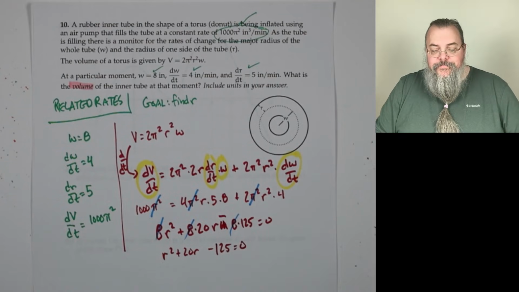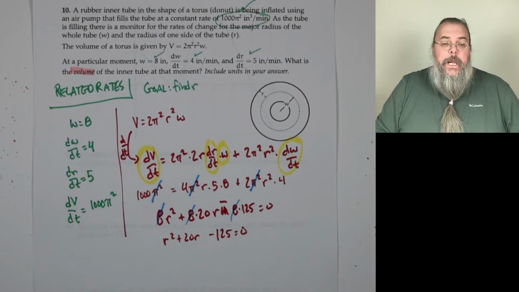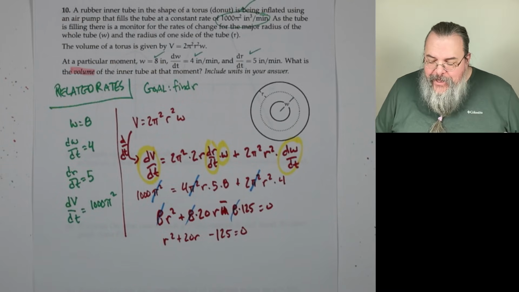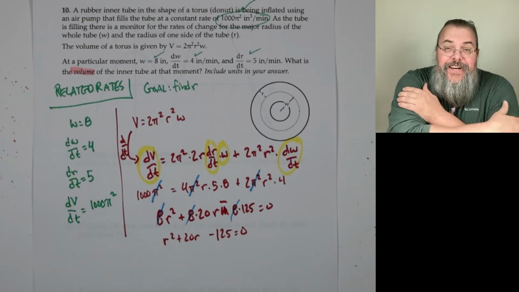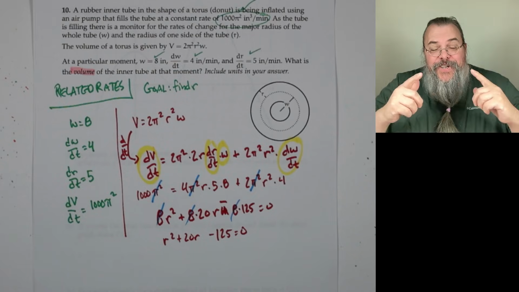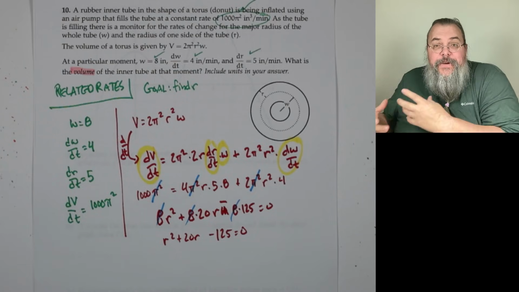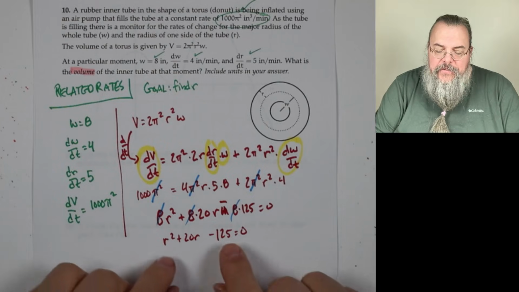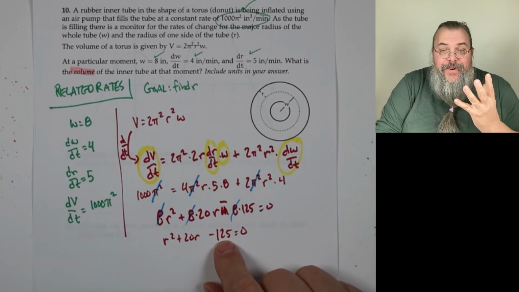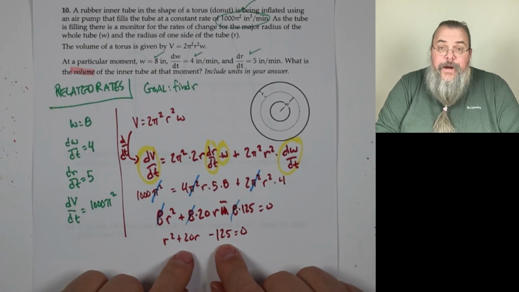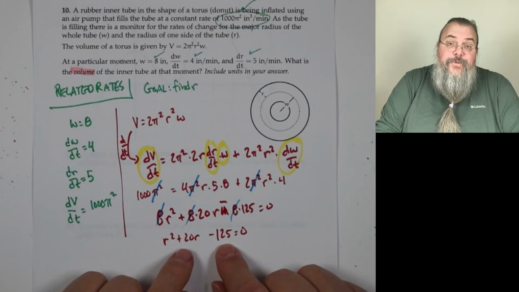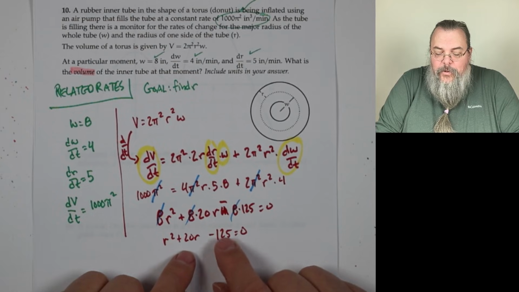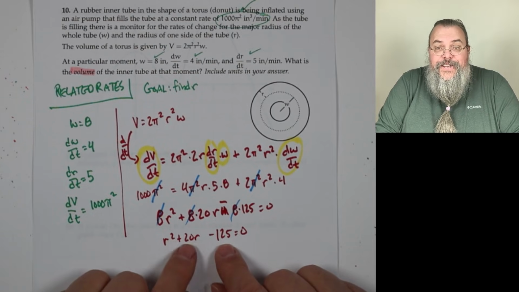All right, we're in the home stretch. Does this factor? Well, we have to have faith in our teachers. They love us, and they want the best for us. So they're going to give us something that will either factor or be clean if you use the quadratic formula. So we think of 125, which is 5 times 5 times 5. How can you write 125? Well, 1 times 125 or 5 times 25. Now, can we think of ways to combine 5 and 25 to get 20?